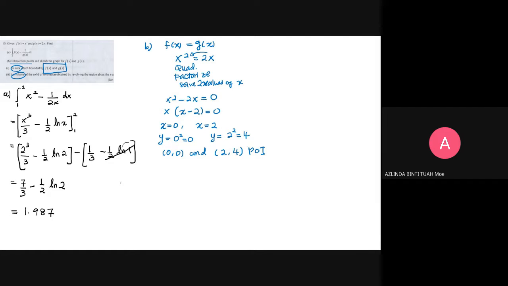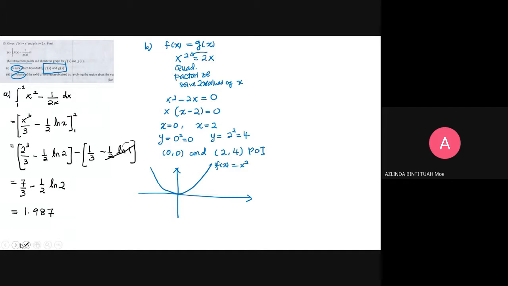Sketch the graph. It's a very simple graph. Basic shape untuk quadratic dengan basic shape untuk linear function. So I guess you don't have to follow all the basics. Hanya terus sahaja sketch dia punya basic shape, tak payah cari intercept lagi dah. Okay, this is the f(x), x squared.